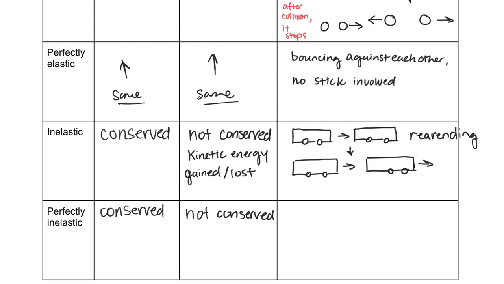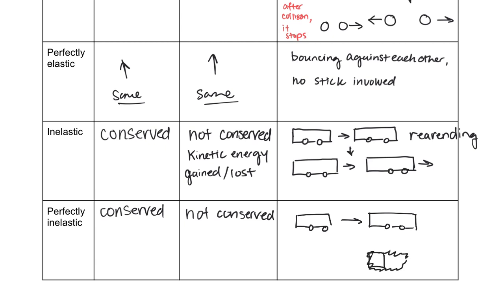Okay? And in a perfectly inelastic collision, let's talk about that. Usually whenever we have perfectly inelastic collisions, that happens when things stick together. So in car crashes, have you ever seen a car crash where the cars stick together? Hopefully you never do. Well, sometimes it happens.